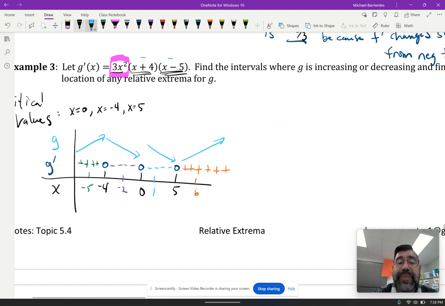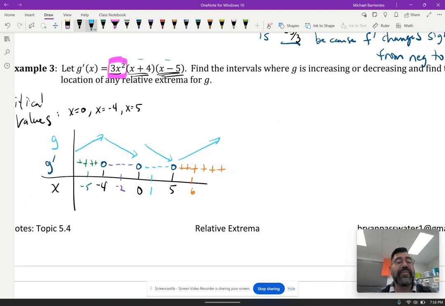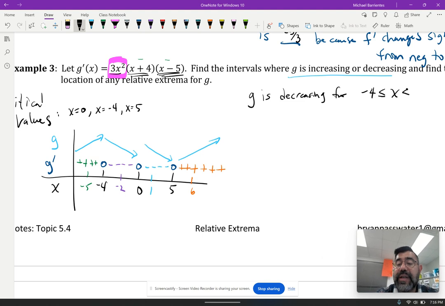By the way, if you read the directions, we had two jobs. Number one, we had to find where the function g is increasing or decreasing. So g is decreasing for x's between -4 and 5, so -4 less than or equal to x less than or equal to 5.